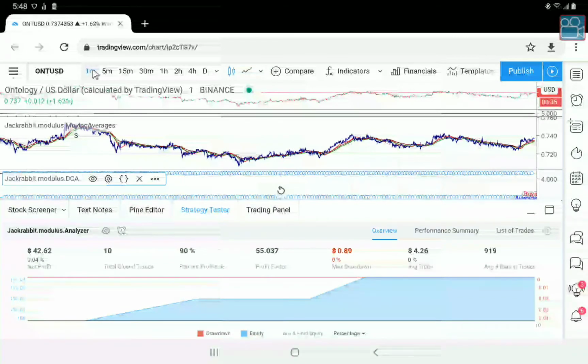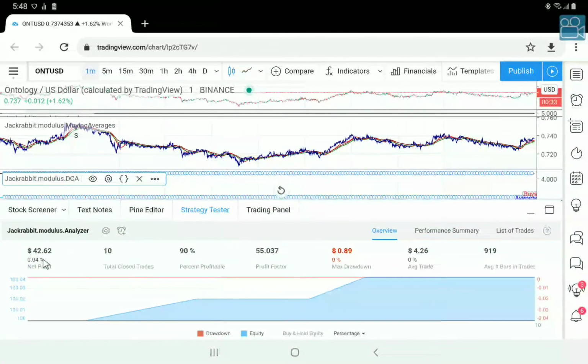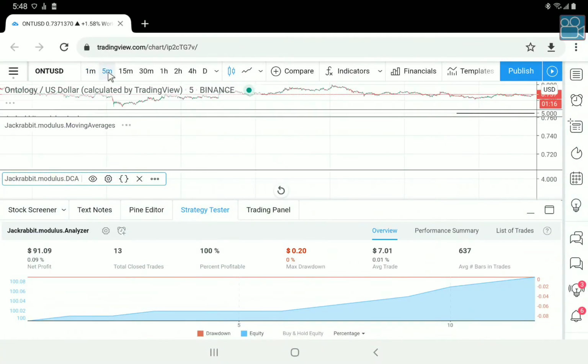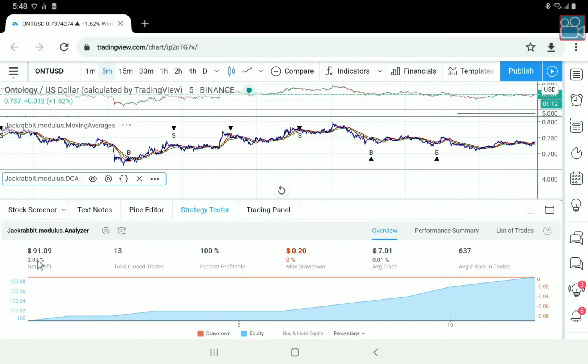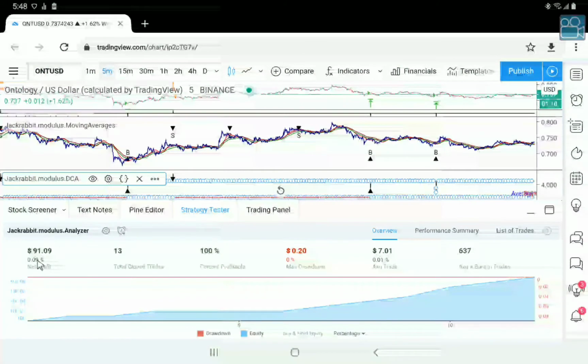Whoa, look at this one. $42 on the 1 minute. Now 1 minute means 1,440 candlesticks. That's roughly 5 days. $42 in 5 days is better than the $91 or $97 in 17 days?